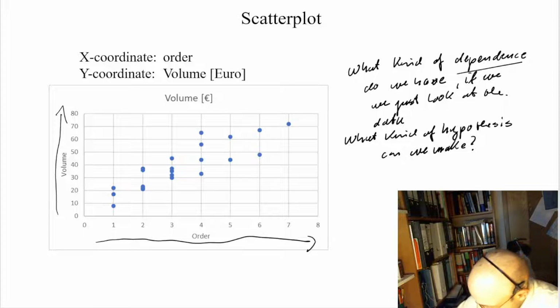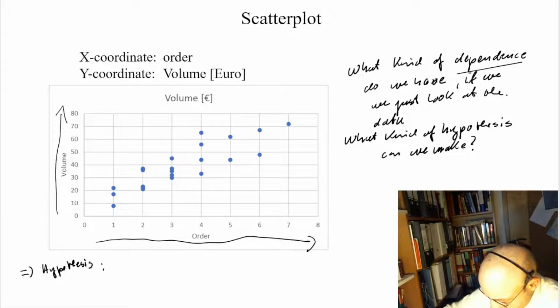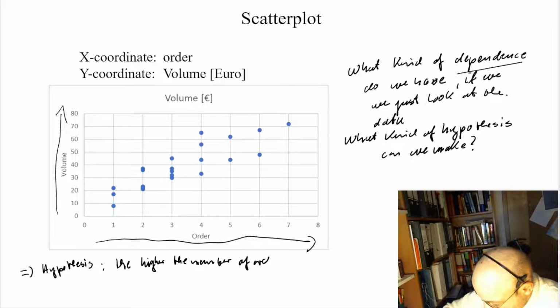So hypothesis: the higher the number of orders, the larger is the volume.